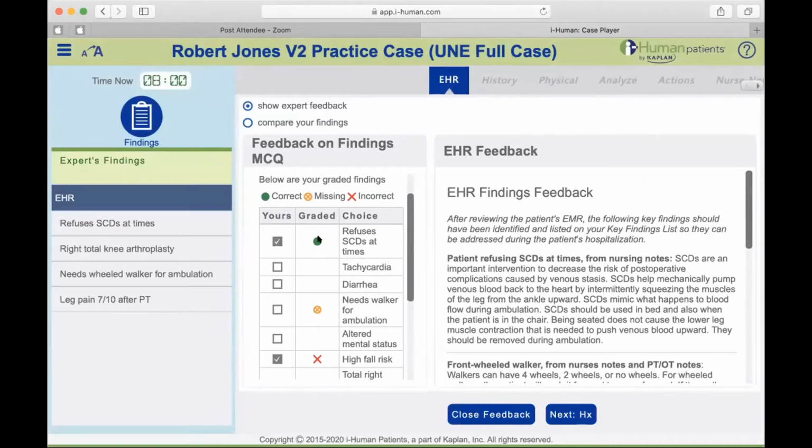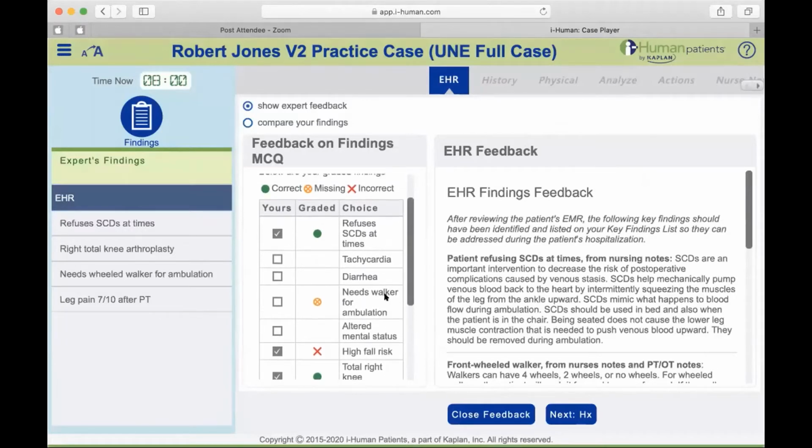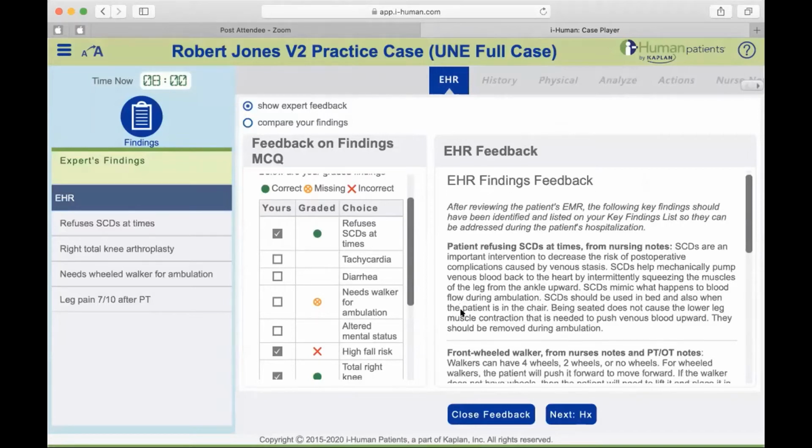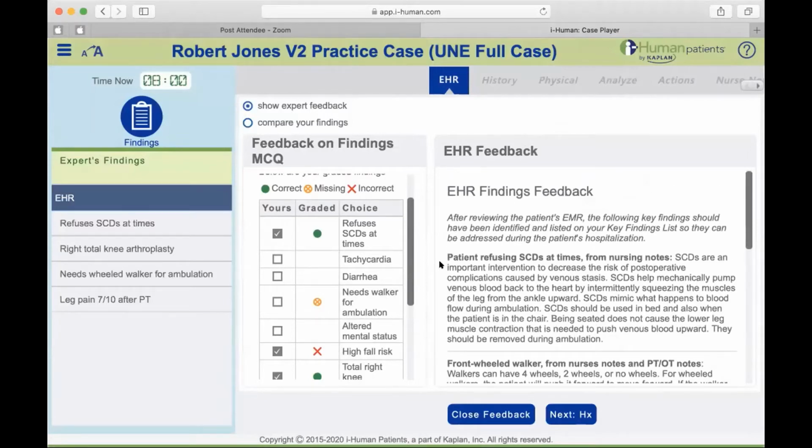So for example, we were correct that he refuses his SCDs. We missed the fact that he needed a walker. We were incorrect that he was a high fall risk. So this visual clue is important, but we don't want the students to stop there. That expert finding feedback is very important.